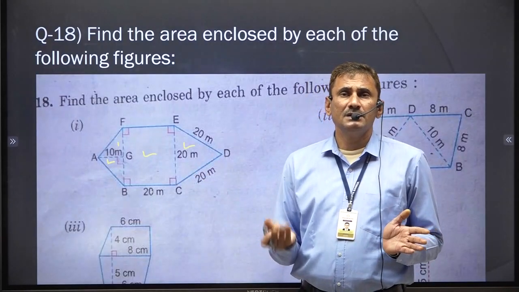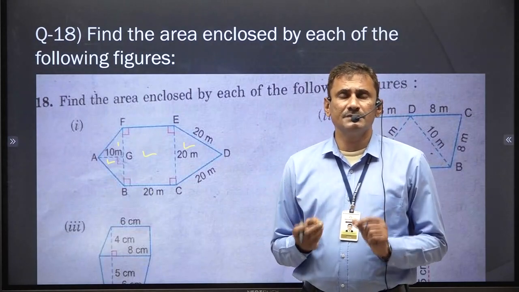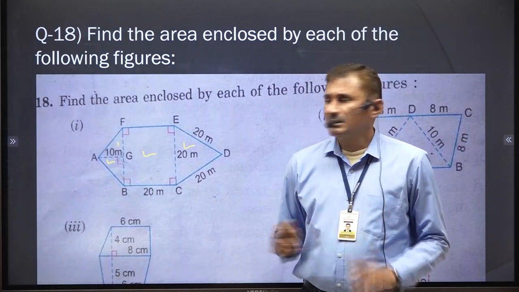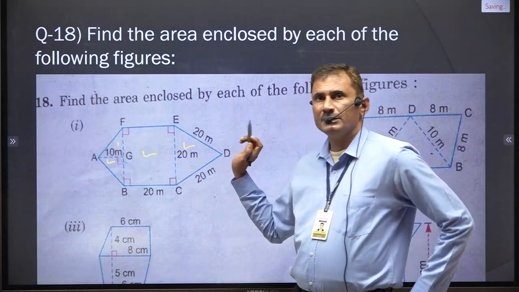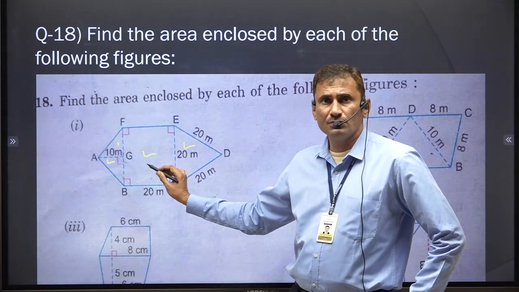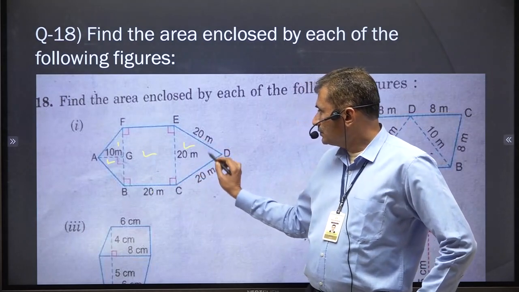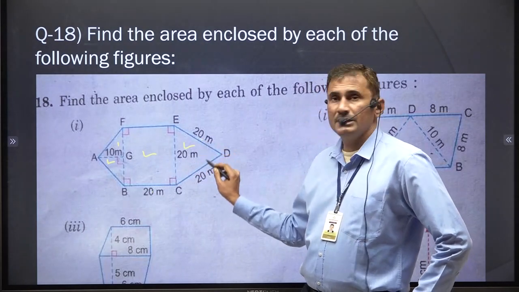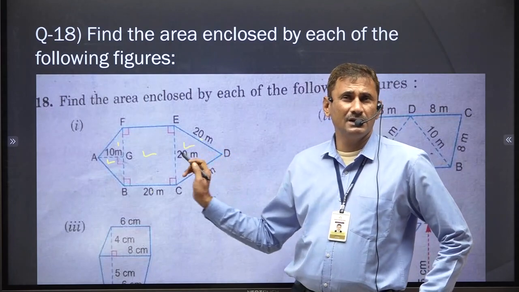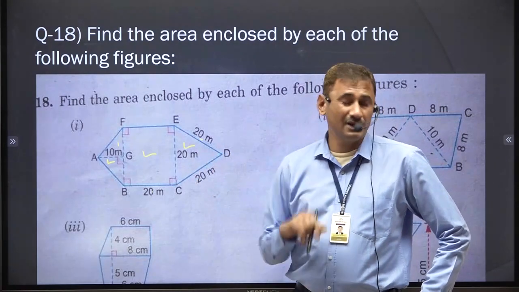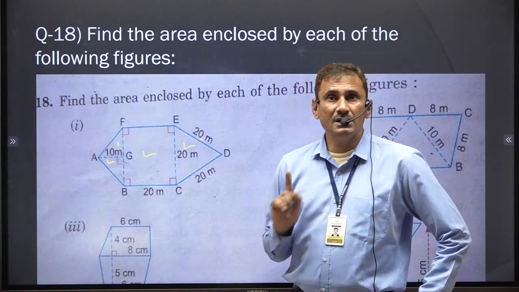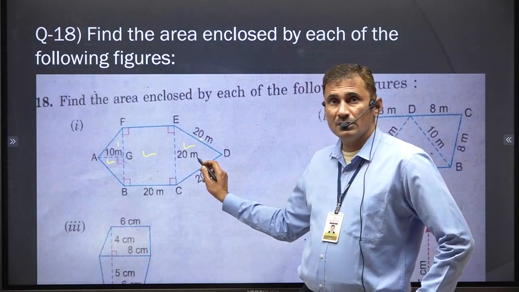So a square is a specific type of rectangle. So basically it is a square. You know the formula for finding its area: L square, means 20 square. Here also you know the formula for finding the area of an equilateral triangle. Even if you forgot it, you can find the area of this triangle by Heron's formula also.